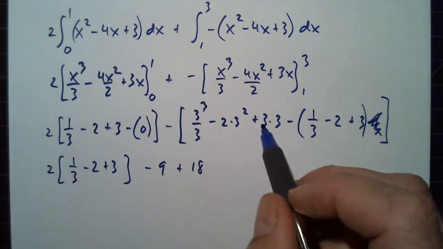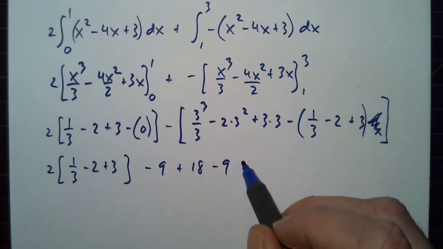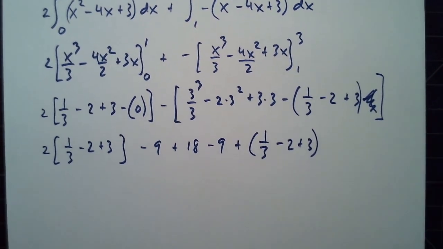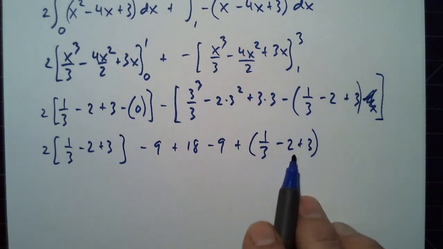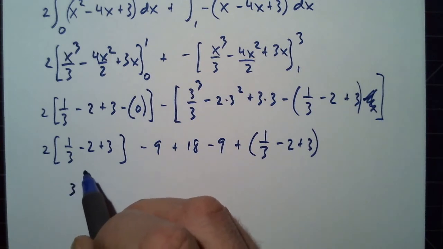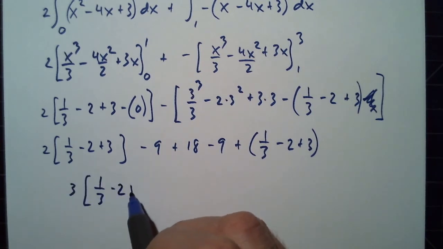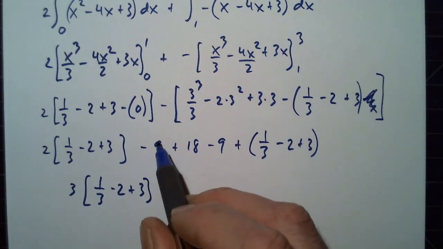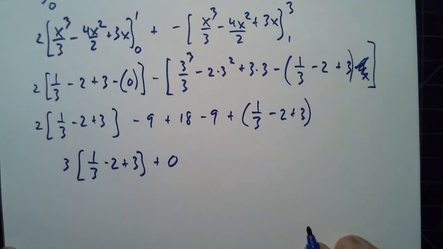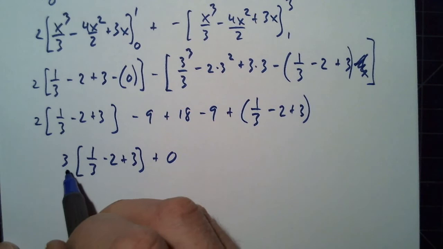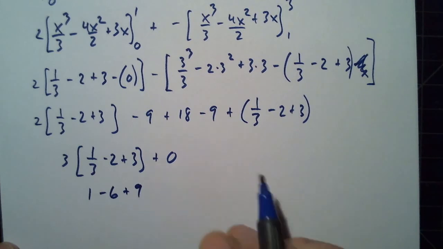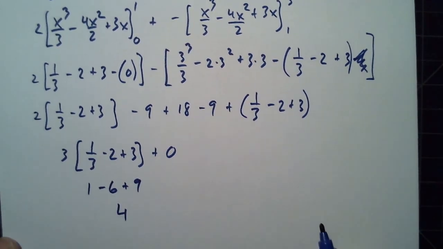And here we have minus 9 plus 1/3 minus 2 plus 3. And we have 2 of these plus another one, so we really have 3 of these, 3 times 1/3 minus 2 plus 3. Negative 18 plus 18, that's nice. Right, let's multiply by 3 and we get 1 minus 6 plus 9, and that's 4.